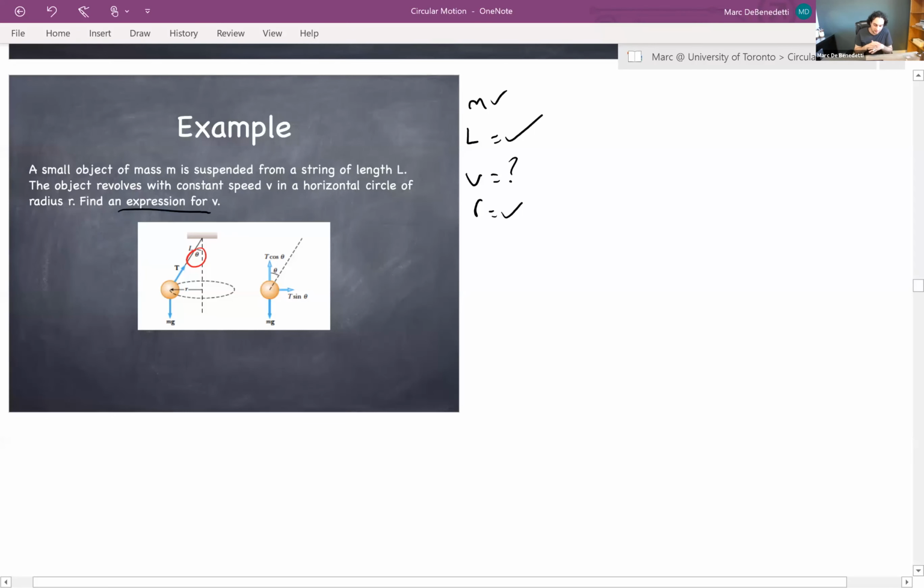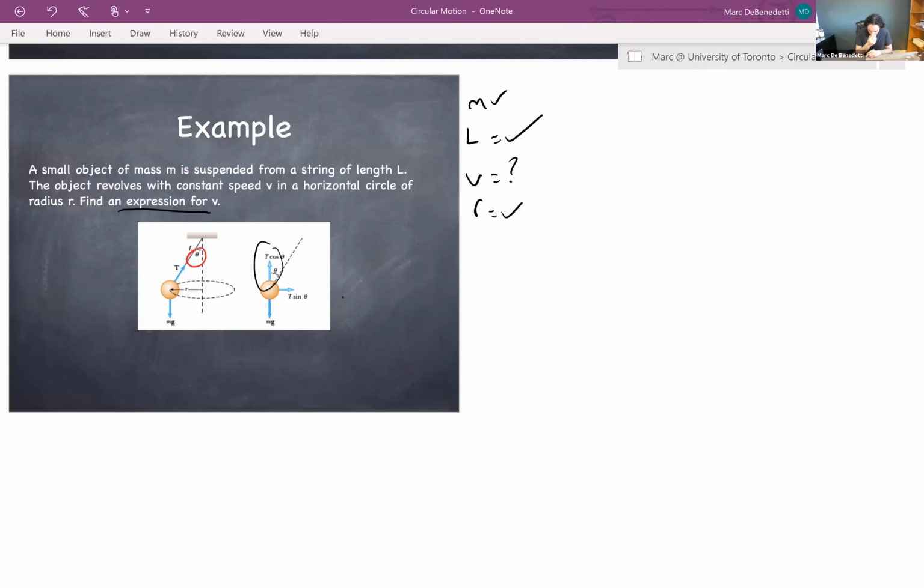In the airplane example we did earlier, we assumed that was a perfectly horizontal loop because gravity was counteracted by the lift of the wings, right? That's how airplanes work. The wings provide lift. In this case, the ball on a string does not have lift. There's no wings on a ball. So gravity will in fact pull it down, but there'll be a component of tension pulling upwards to balance out gravity.